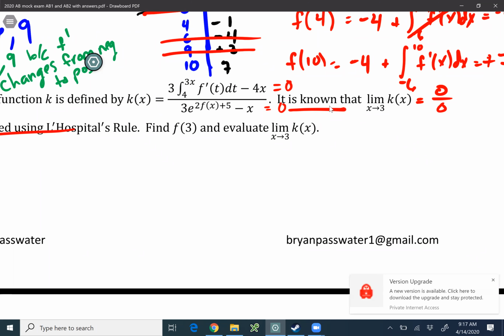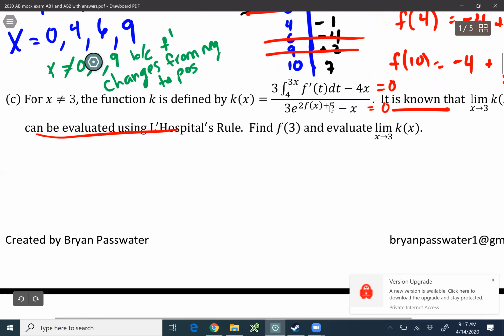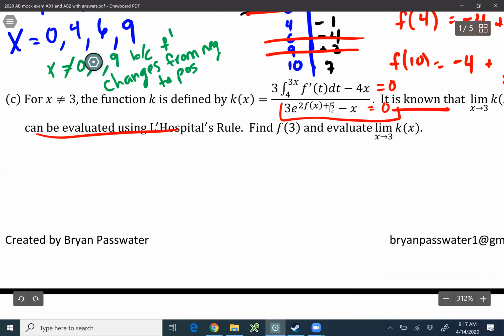Now we want to solve for f of 3. So where do we see just regular f of x? It's in the denominator. So to solve for f of 3, we're going to take the denominator and set it equal to 0 because that was kind of the hint that they gave us. I think that's a really hard thing to do, but basically that's what that is.